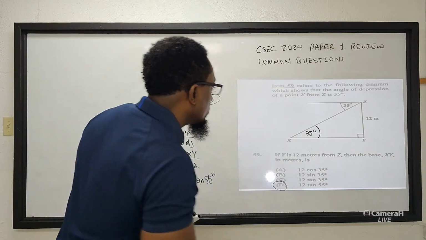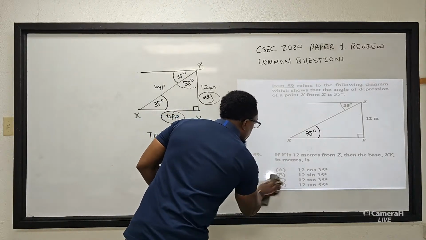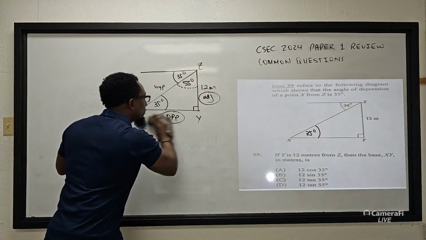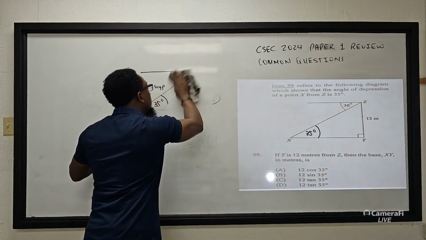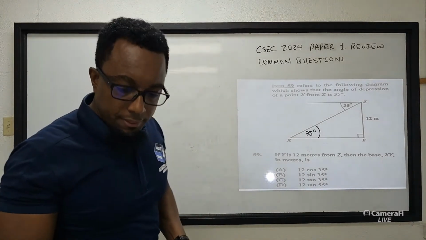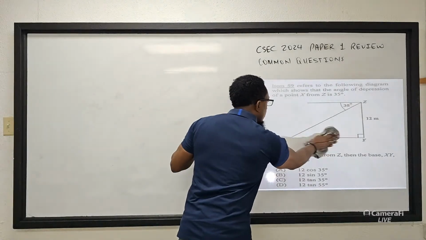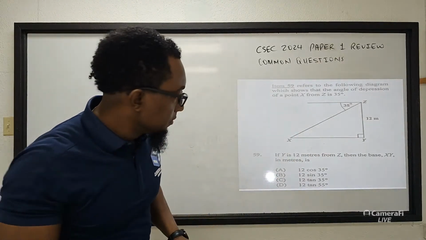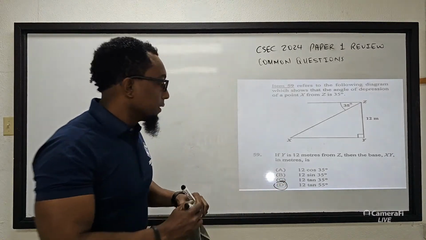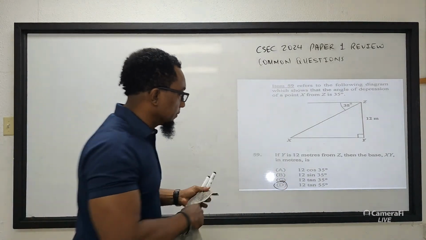Alright, so let's look at the last question, 16. This is a common question, and pay attention to it. The answer to the previous one here is D, I think I circled it. So let's look at 16.